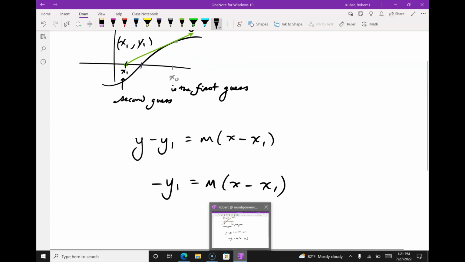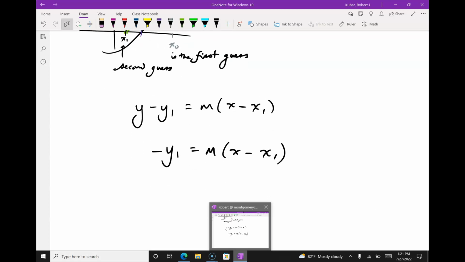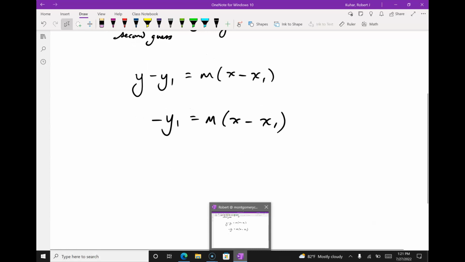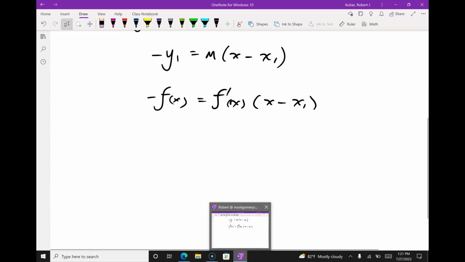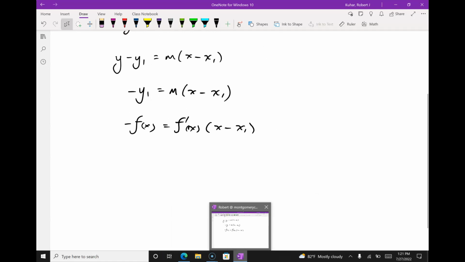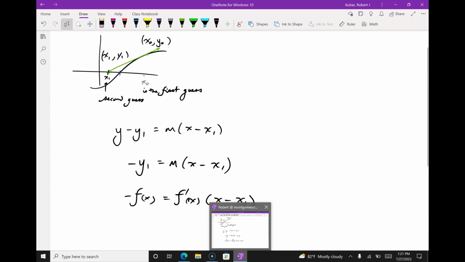All right, I know that x sub 1 is my new guess, okay? X sub 1 is my new guess, and the original guess was just x, right? So this is minus f of x equals f prime of x times x minus x1. And I want to figure out what x1 is, so I'm going to solve this for x1. Yes, you ready? So it was y1, right?